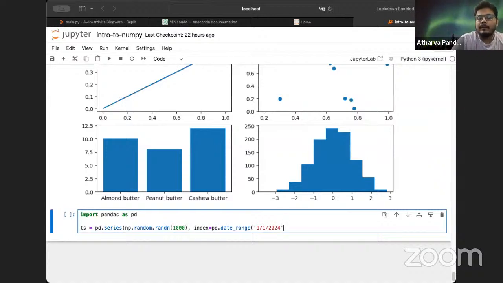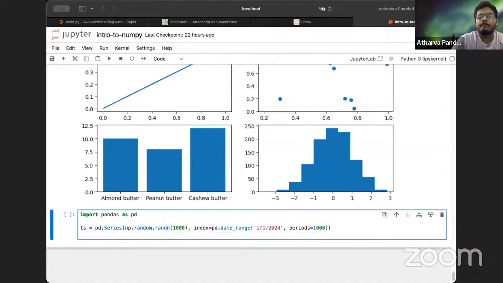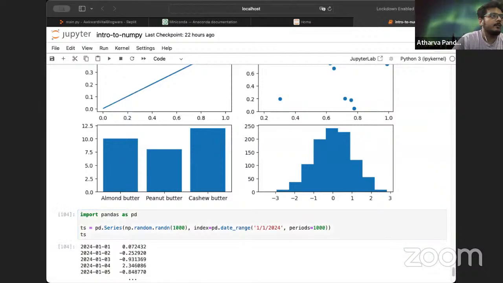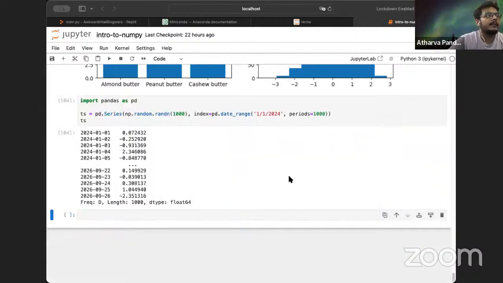Then we say periods, and we are saying 1,000. Let's first see what we get in TS, and we get this.